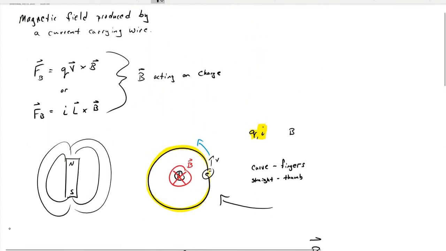Anytime we have any kind of moving charge, whether it's a single charge or current, that constitutes moving charge. And so charge and magnetic field will have sort of this symbiotic relationship where one affects the other and vice versa.